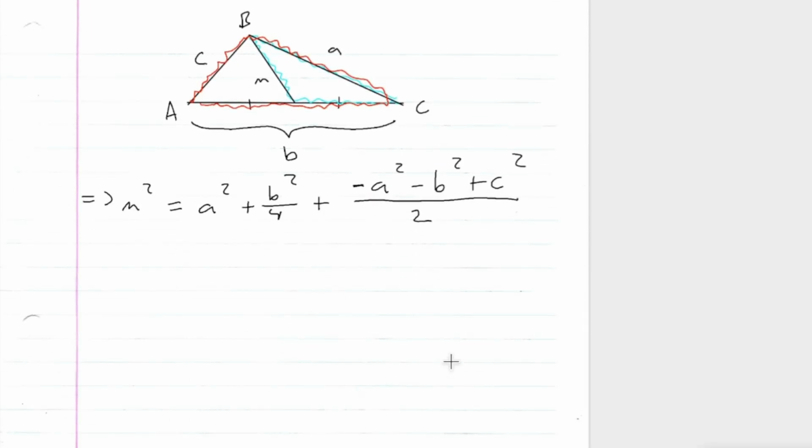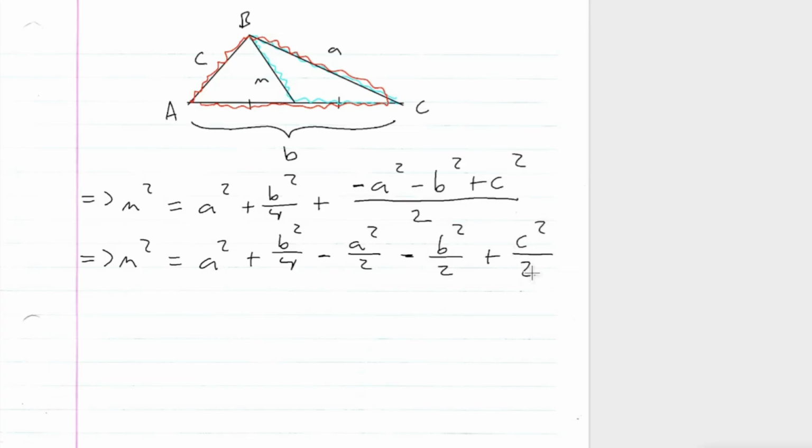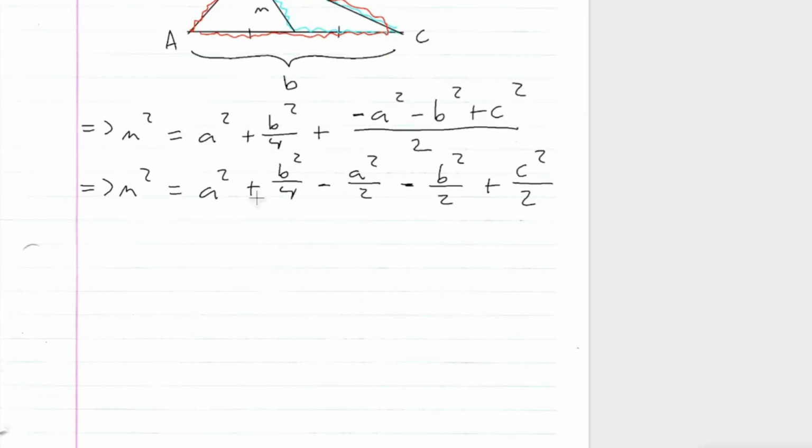All right, so now I'm going to separate these. So m squared is equal to a squared plus b squared over 4 minus a squared over 2 minus b squared over 2, and then plus c squared over 2.